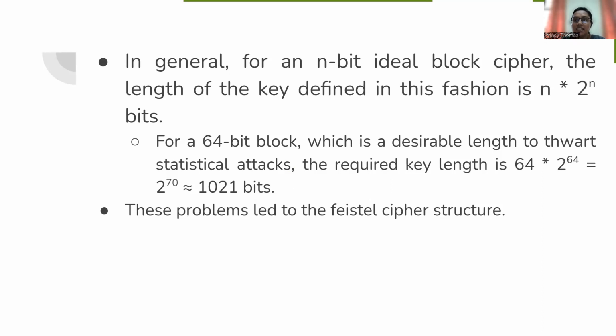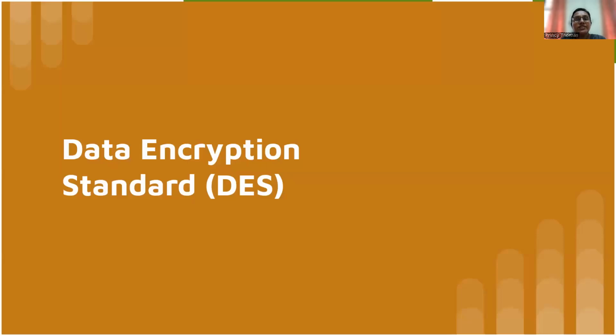Instead of increasing the key size, we can do it multiple times. And this is the structure that is being used for DES. We've already discussed Feistel structure, so I'm not going to go again into it.